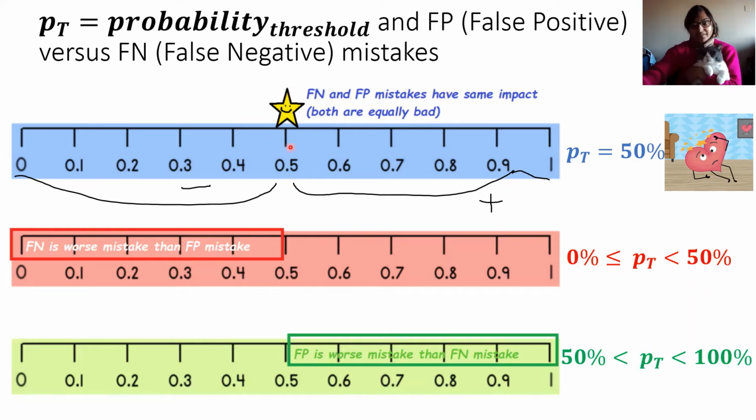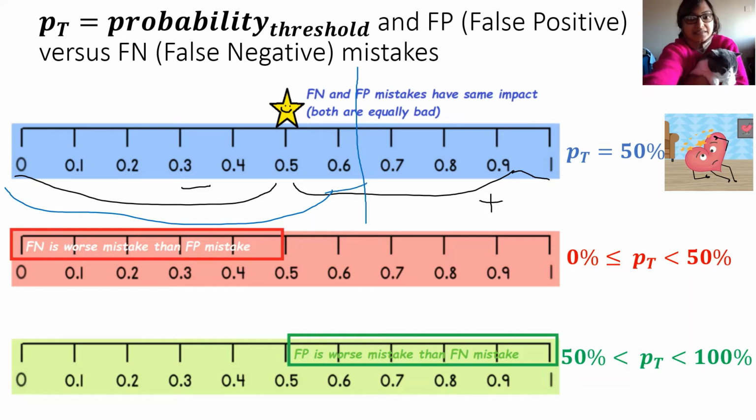When it's equal to 50%, then both are equal types of errors, and we want to minimize both wrong predictions of false negatives and false positives. On the other hand, if the probability threshold is greater than 50%, then false positives are worse mistakes than false negatives. Hypothetically, if this is the probability threshold, then this whole region here is negative and this whole region here would be positive.